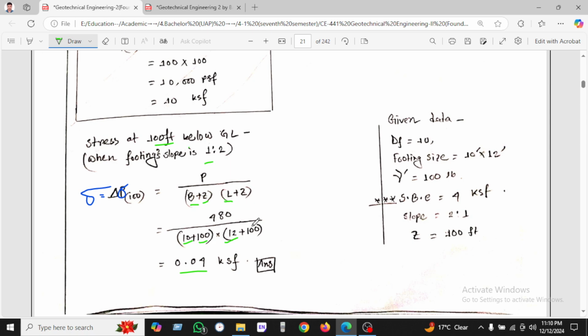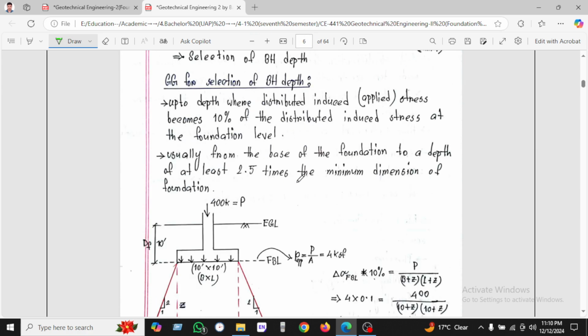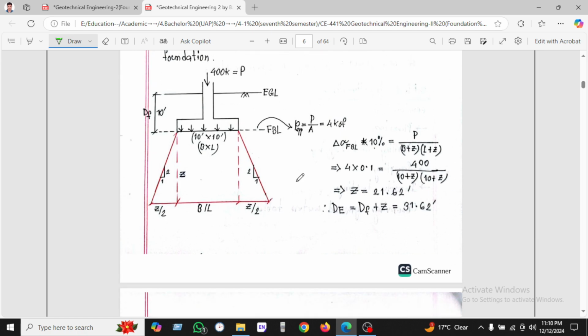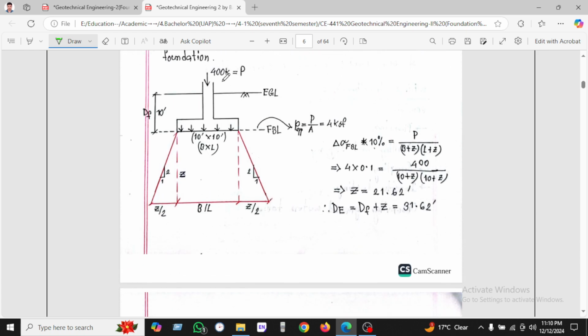So we can see another example here. Here we can see the same example is given. 400 kip, and footing size is B into L, 10 into 10, Z equal to unknown, so 2:1, so this portion will be Z by 2 and this portion will be Z by 2, and stress equal to P by A is 4 KSF.